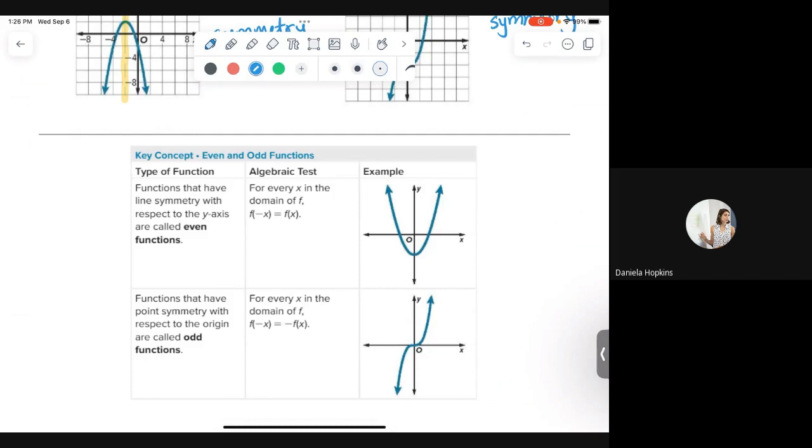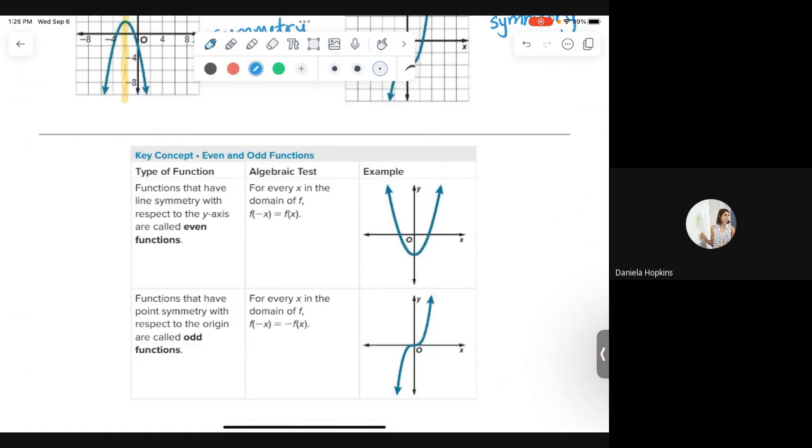Okay, the last thing we need to talk about is even and oddness. Last year we did this algebraically, and I'm going to show you algebraically, but we're going to talk about some rules that you can use with those symmetry ideas to figure out if a function is even or odd. So what does it mean to be even or odd? Functions that have line symmetry with respect to the y-axis are called even functions.